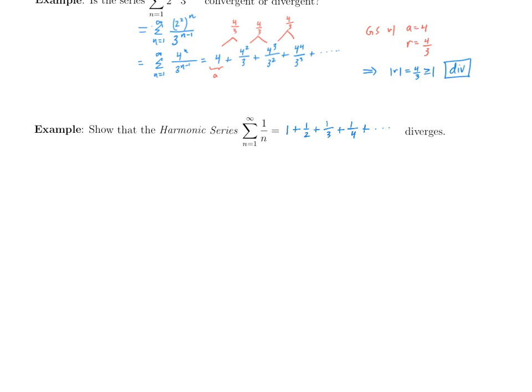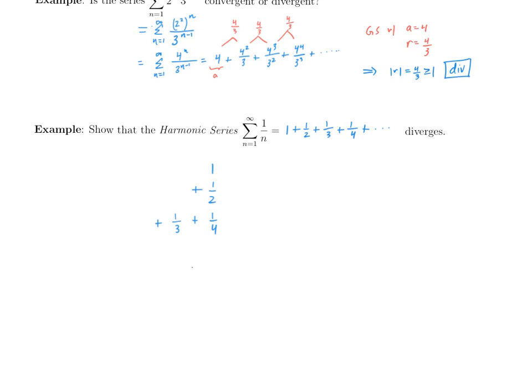Okay. So if we write out these terms, we have 1 plus 1/2, and I'm just organizing them slightly differently here, plus 1/3 plus 1/4, and we'll see where we're going with this. Then I'm going to group together terms: 1 term, 1 more term, then 2 terms, then 4, then 8, and then hopefully not, but 16, and so on.